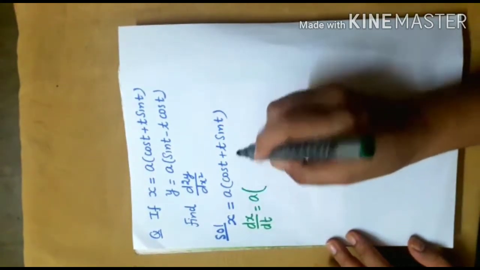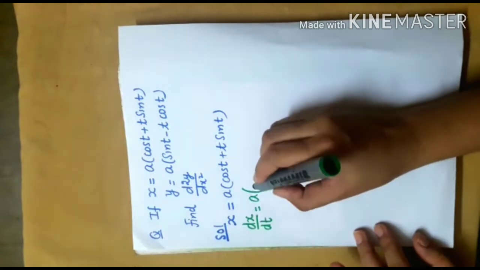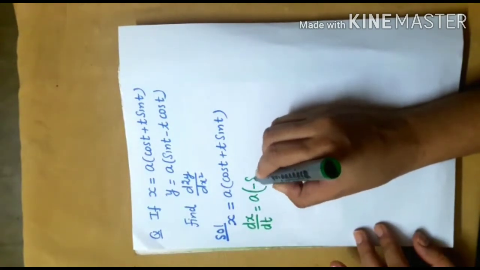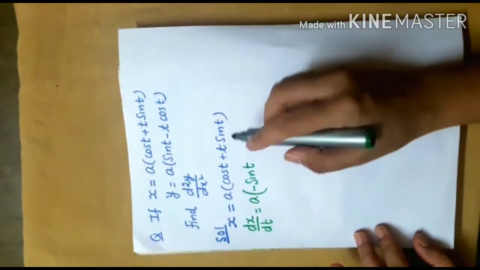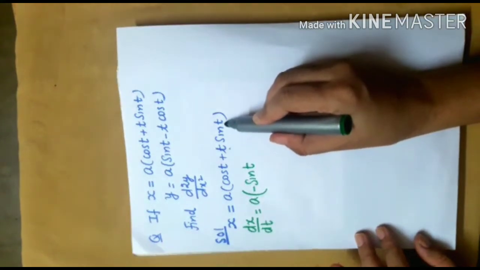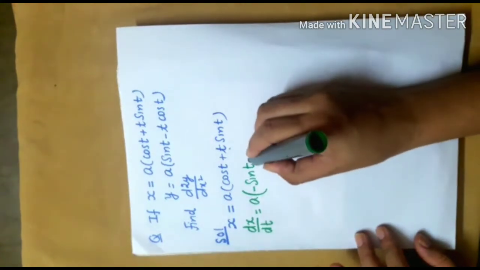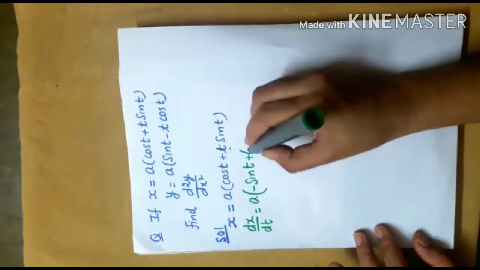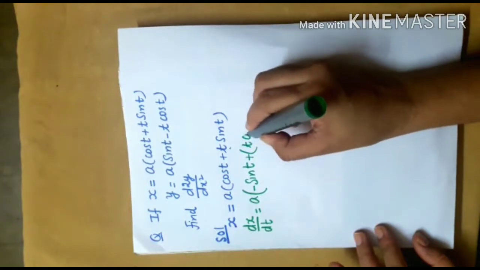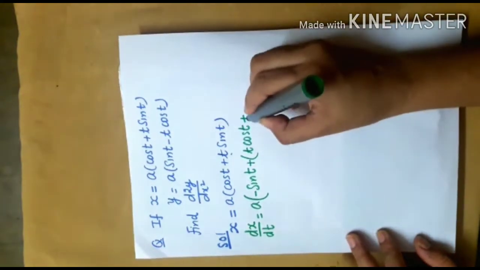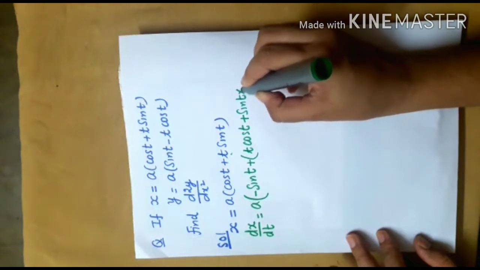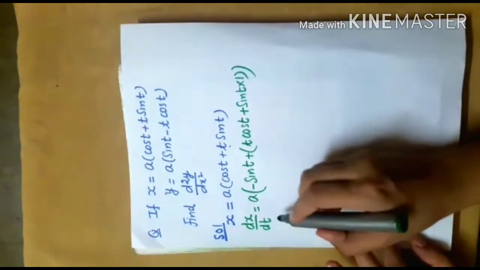So it will be derivative of cos t with respect to t is minus sin t, and to calculate the derivative of t sin t, I'll be applying the product rule. So first function into derivative of second plus second function into derivative of first.